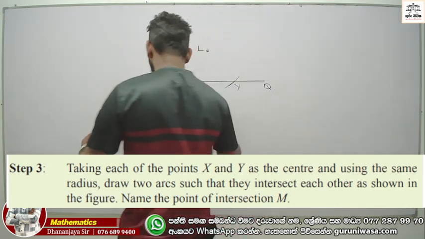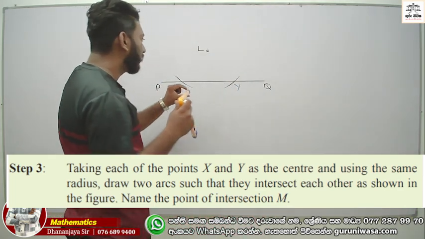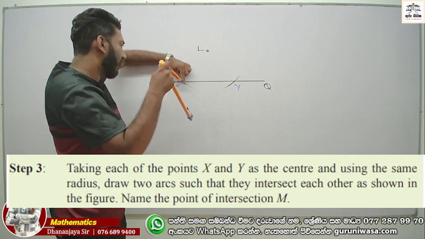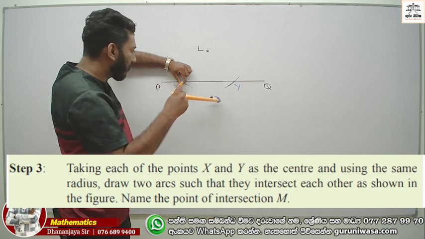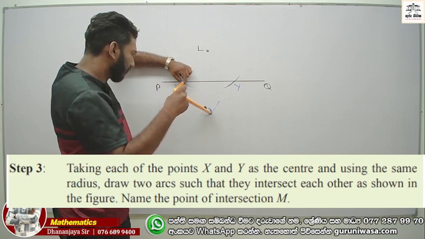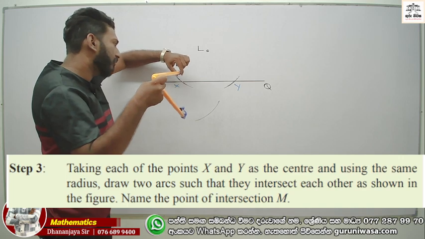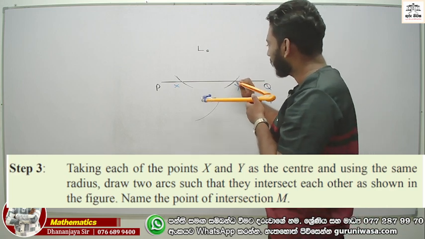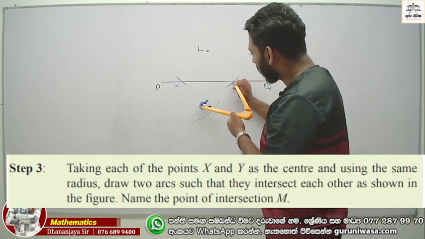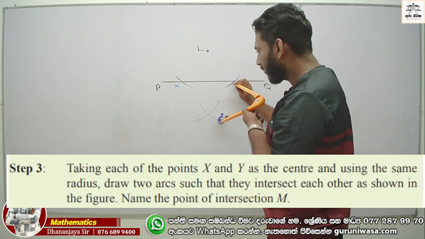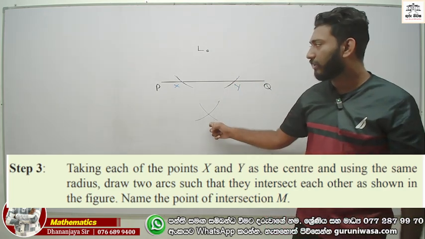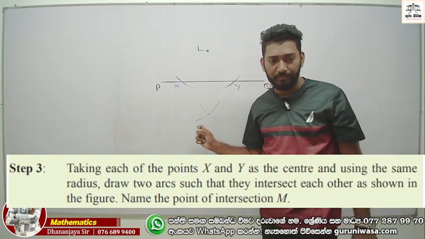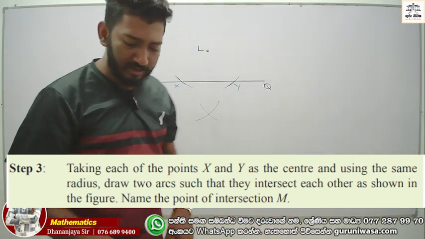Now place your compass at X and draw the arc like this. Same thing, now place your compass at the point Y and draw the arc like this. Now I have two arcs, and this is the intersection point. I think this is very clear, right?